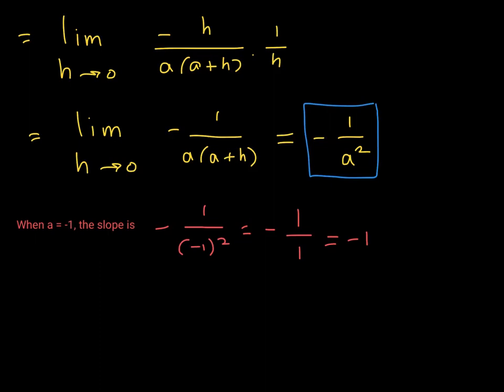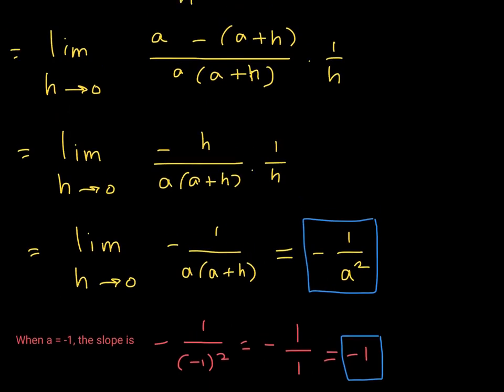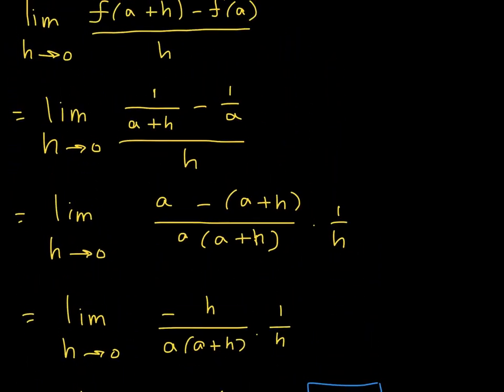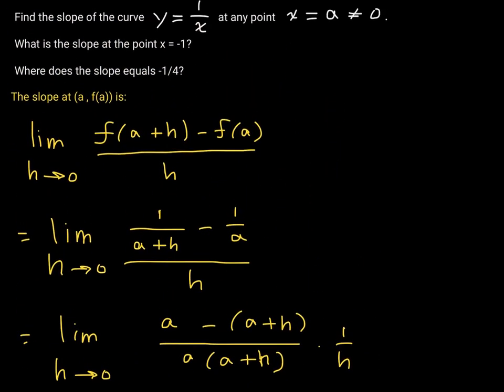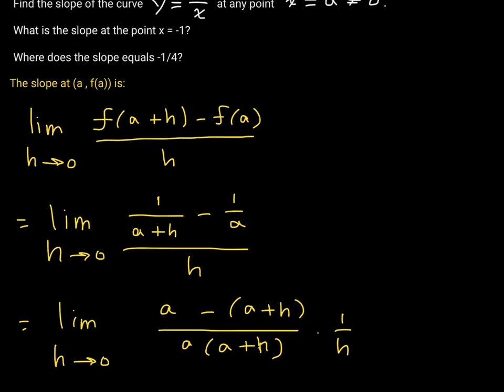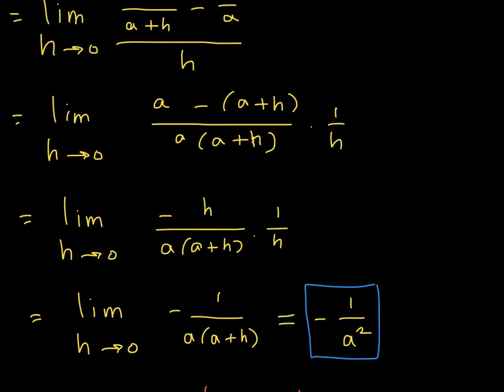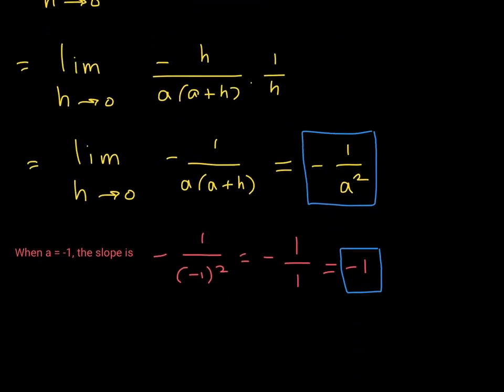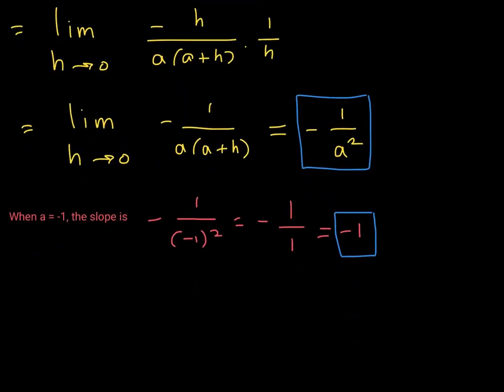All right, very good. Now, what's the next question? Let me box this because this was our answer for the second question they asked. Now they're asking us, I'm scrolling back up here. Let's see. Where does the slope equal negative 1/4? Okay, so then if they want to know when the slope is negative 1/4, that means they want to know when this expression, which defines the slope at any point for our function, is equal to negative 1/4.